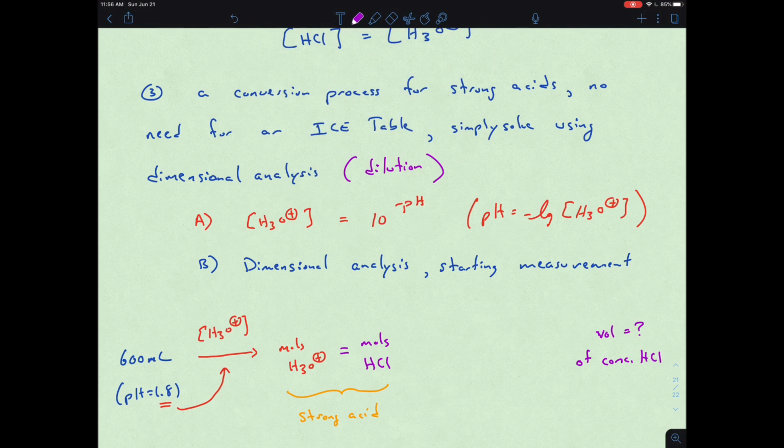Once we have moles of HCl, we could get to mass of HCl by using the molar mass of the hydrochloric acid. That allows me to go from moles to mass.